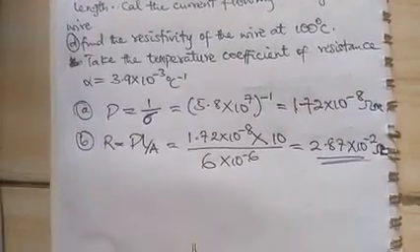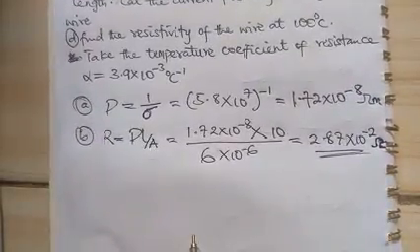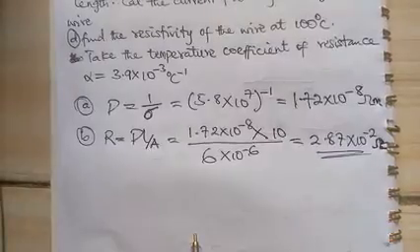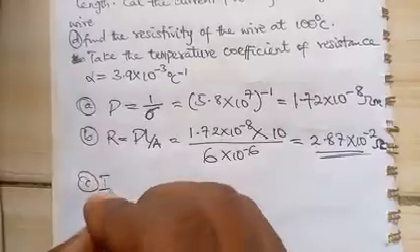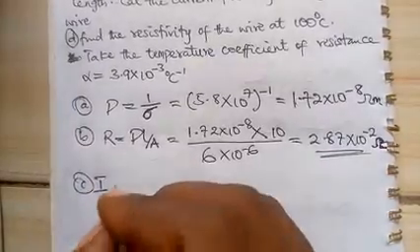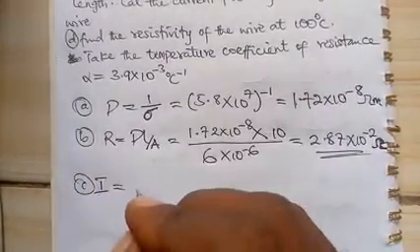The third question says we should calculate the current flowing through the wire. Current is denoted as I. Remember that from Ohm's law, V is equal to IR.